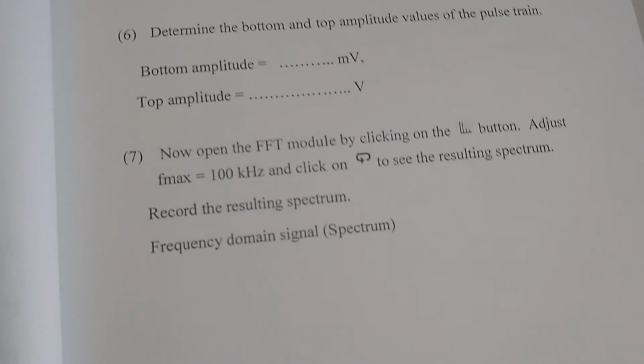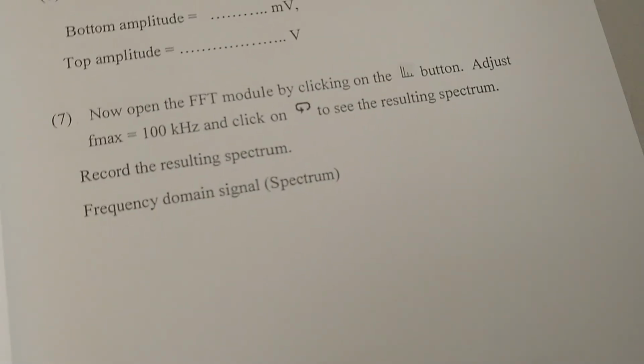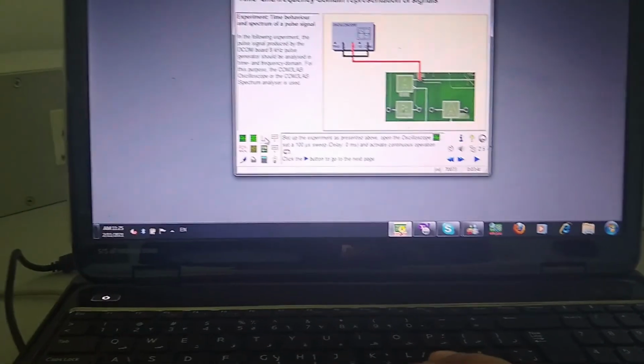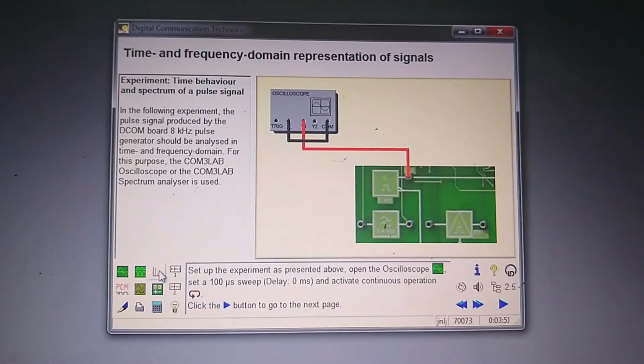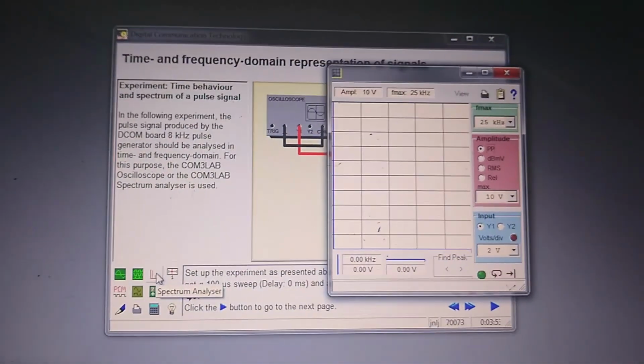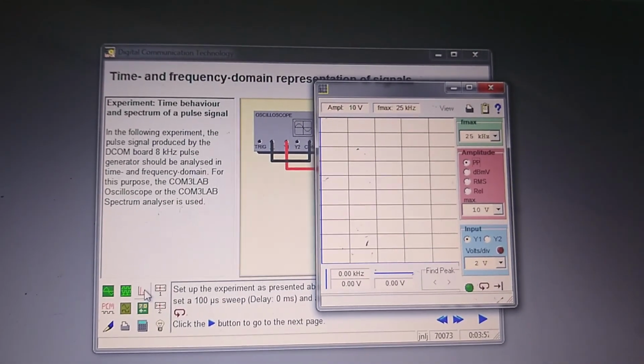Next part, now open the FFT module by clicking on this button. Open the FFT, and Fmax is 100 kilohertz, to set the resulting output. Record the spectrum.